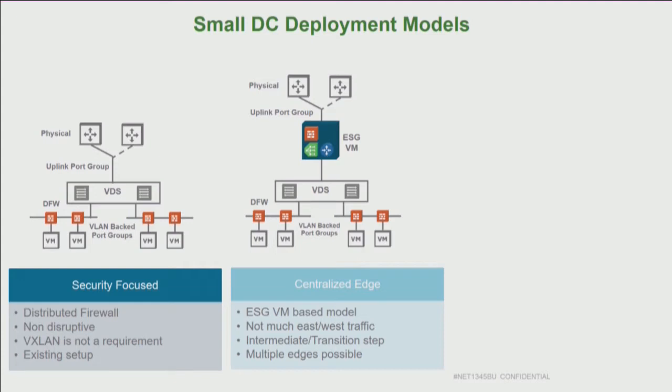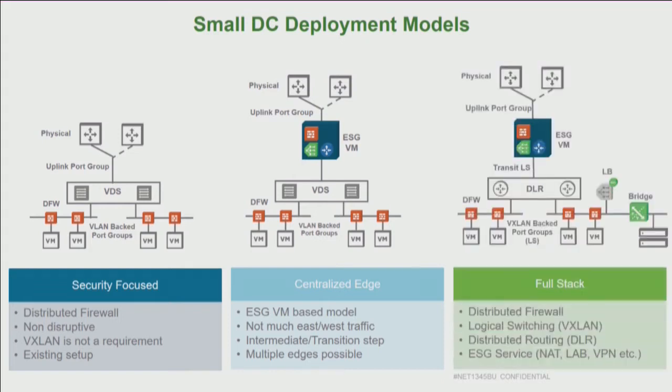You can have the edge load balancer, you can have edge firewall, you can use this edge as a routing device between your virtual and physical infrastructure. That is what our customers are using when they are not allowed to make changes on their physical infrastructure, or if they are not capable of making the MTU changes. So they will use this model as a transition step before moving towards the full stack model.